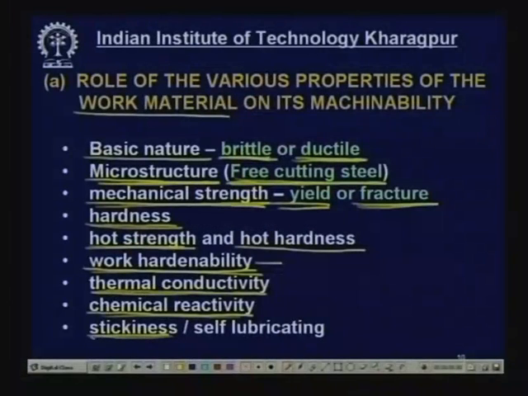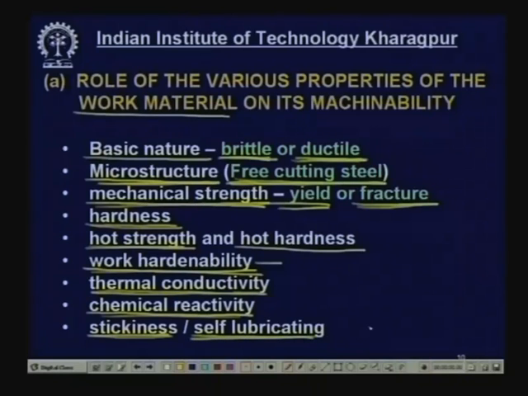Now, stickiness of the workpiece. If the work material is too soft and too sticky, like pure aluminum or pure copper, it is extremely difficult to machine even though it is soft, because of the stickiness. So, this has to be overcome. Then again, self lubricating: there are certain materials which behave as self lubricating, which is very favorable, helping reduce the force, energy consumption, cutting temperature and so on.